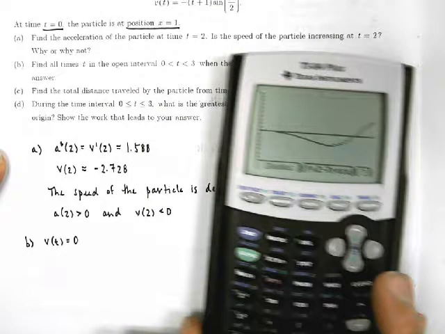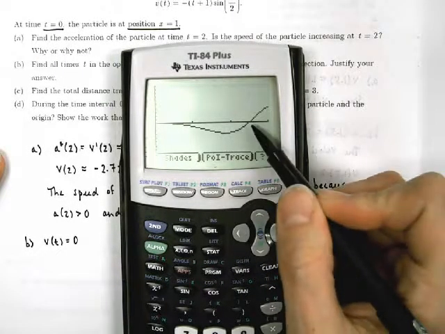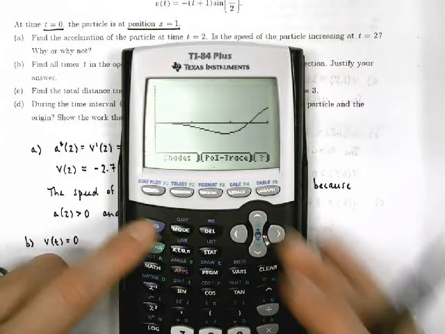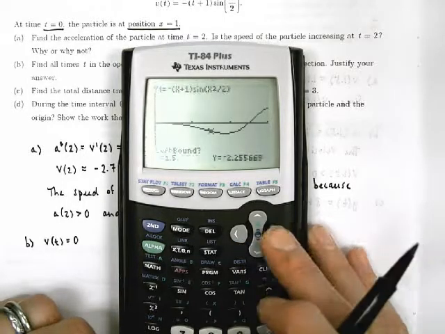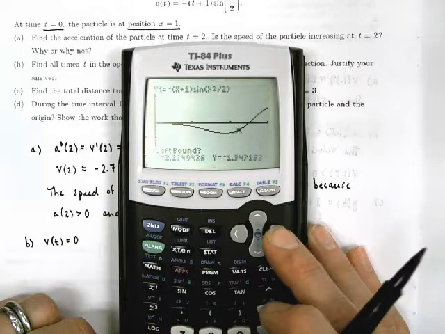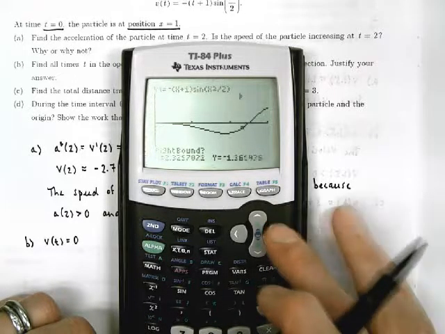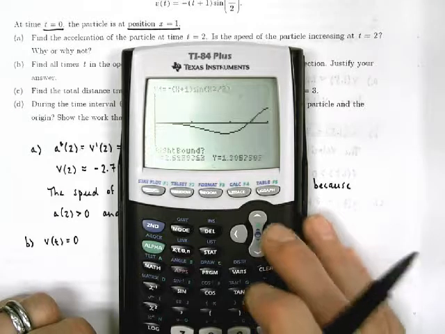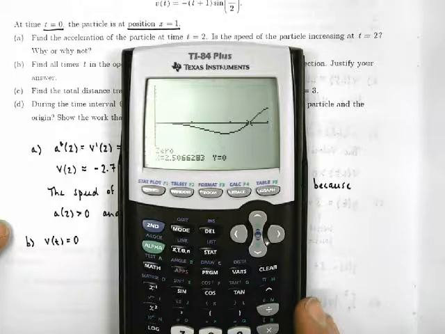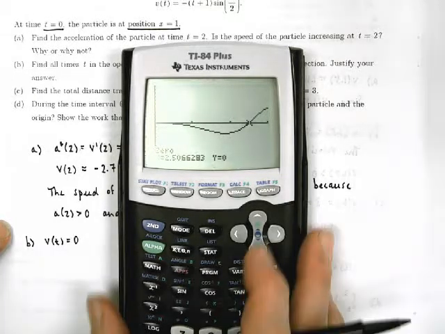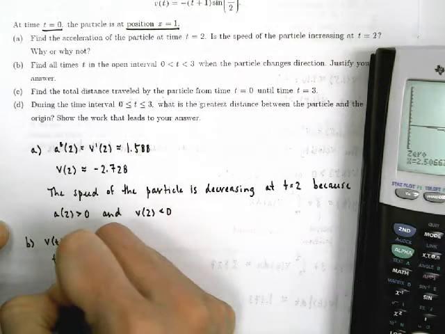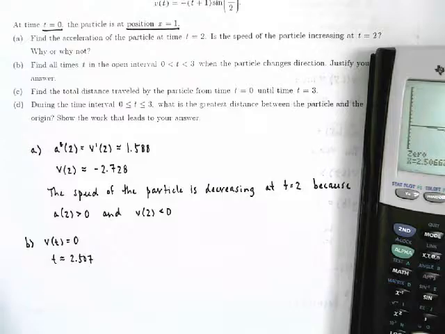All right, so I know that I'm going to be 0 at this point here. So second calc, 0. And I'm going to find my upper bound. And it looks like my time is 2.507. So t is approximately 2.507.